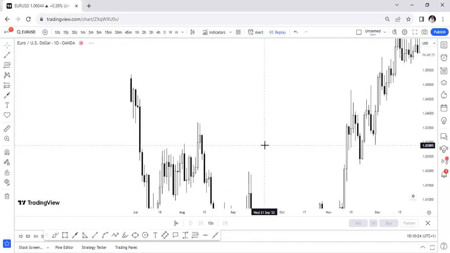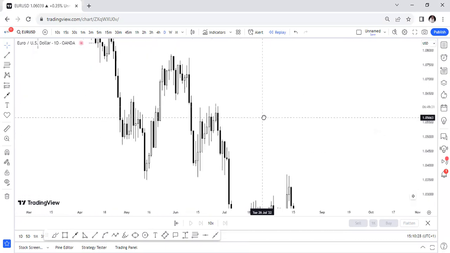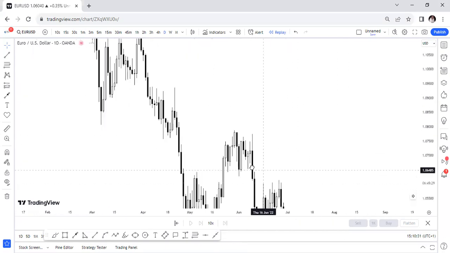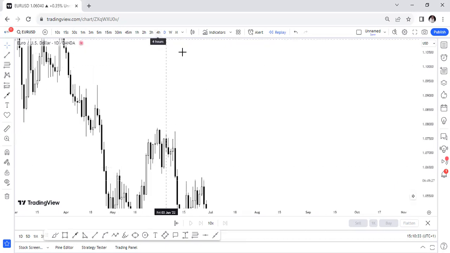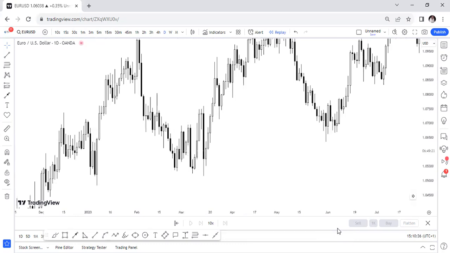Just wait for the right opportunity, for the good setup. Look out for this setup. So that is that for that, so watch this.